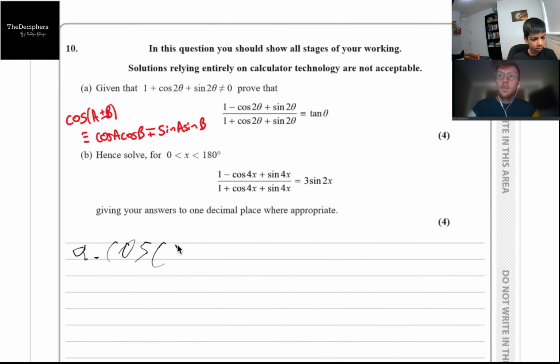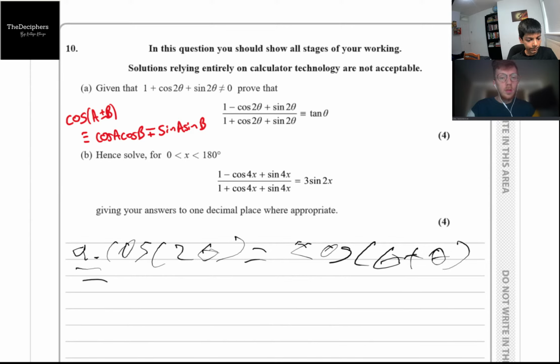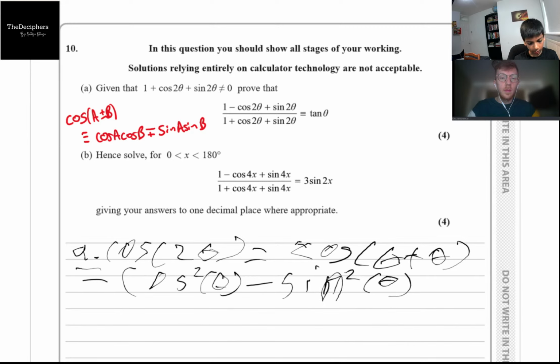So we could use cos of 2 theta is the same as cos of theta plus theta, which is cos theta and then squared because it's cos theta times cos theta. Brilliant. Minus sine squared of theta. Good.